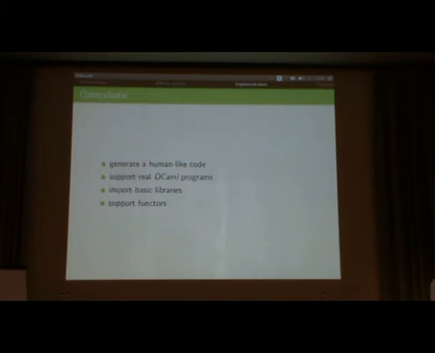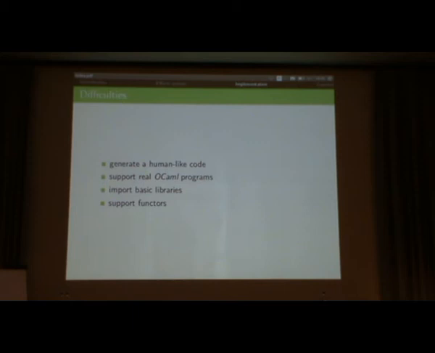The main difficulties we had were to generate simple code like a human would write, importing the OCaml programs by hand. It was hard also to support real OCaml programs because most of them use a lot of tricky features, and if you don't support all the features, your compiler will fail and you just don't get everything.